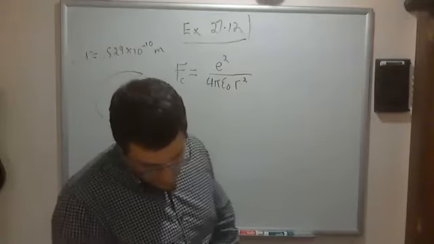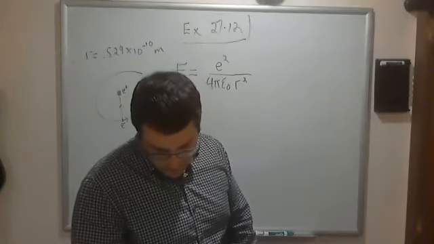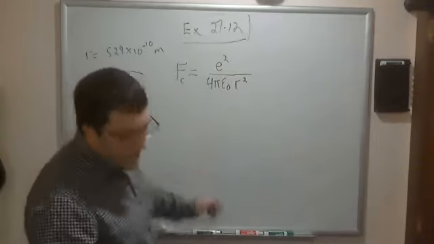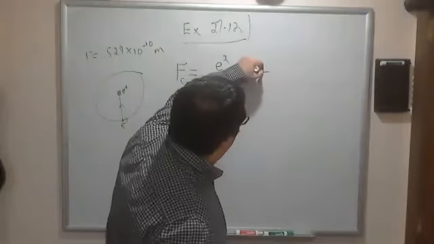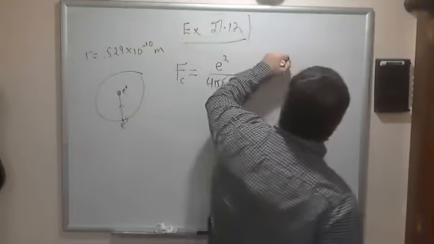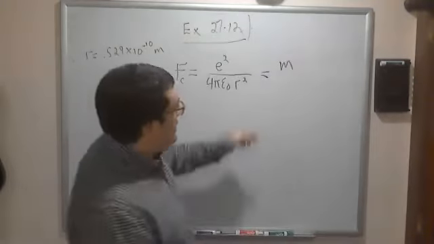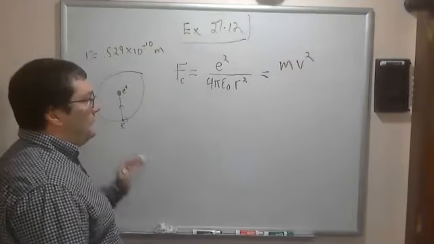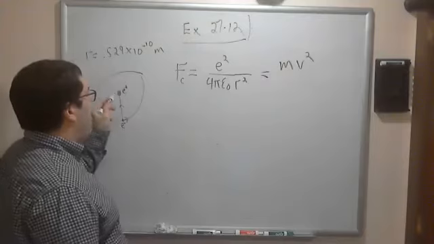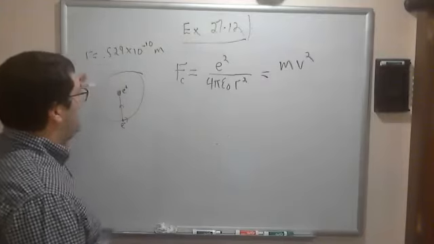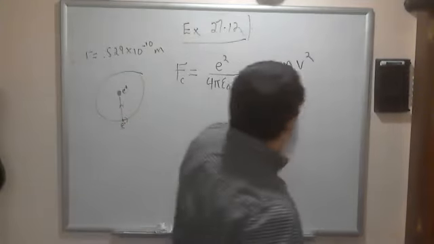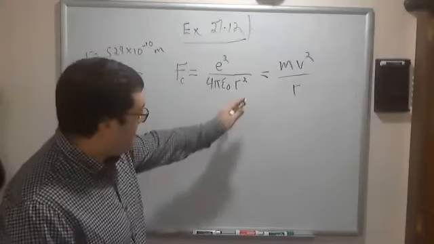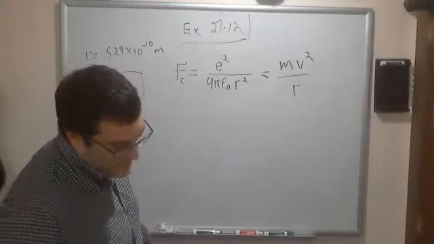Now, right, this is the force, and then for any circular motion, the centripetal acceleration is equal to the velocity of that object rotating around, squared, divided by the radius, r, right? And then from this, we can calculate the velocity.